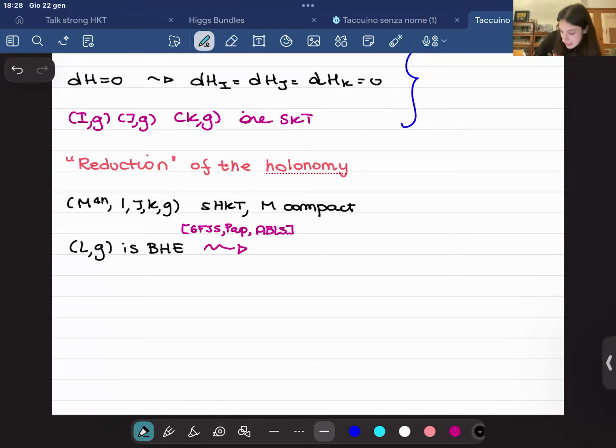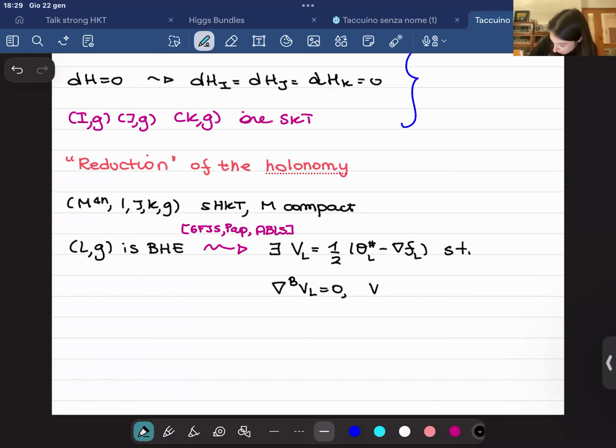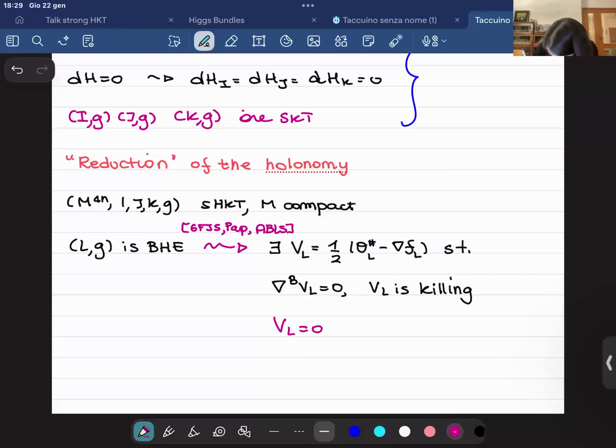And I have the existence of a vector field V, let's call this V_L, because I'm fixing the Hermitian structure here, which is defined as 1/2 the dual of the Lee form minus the gradient of a normalized function f, such that this is Bismut parallel, and well, Bismut parallel implies also Killing, so V_L is Killing. But furthermore, V_L is 0 if and only if the structure is Kähler.